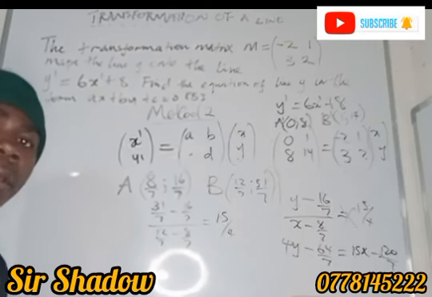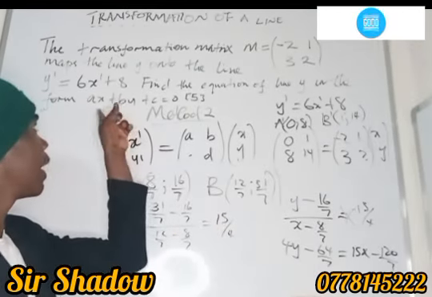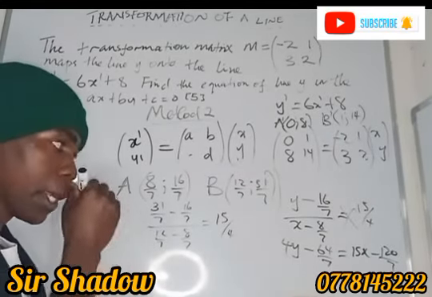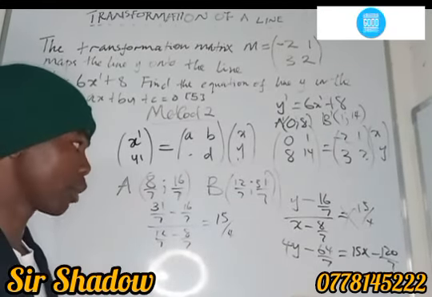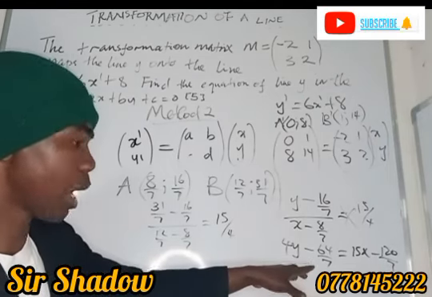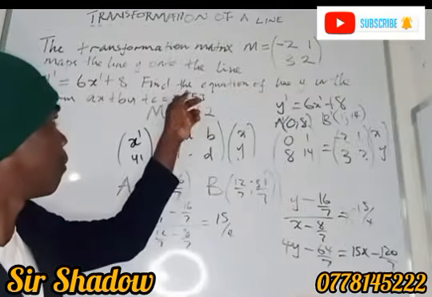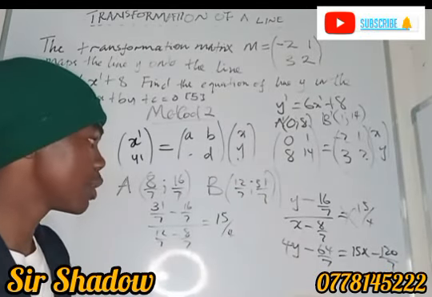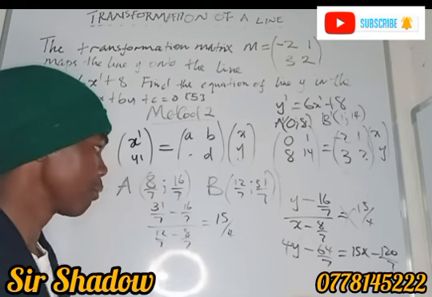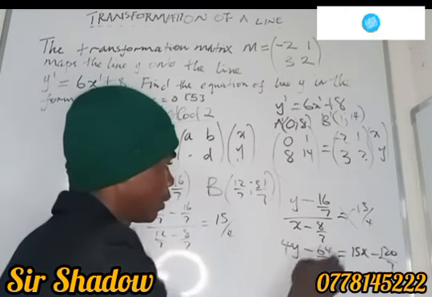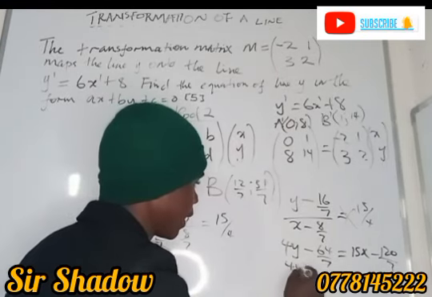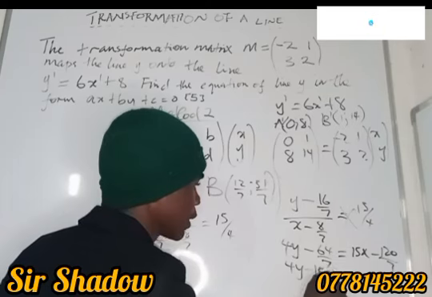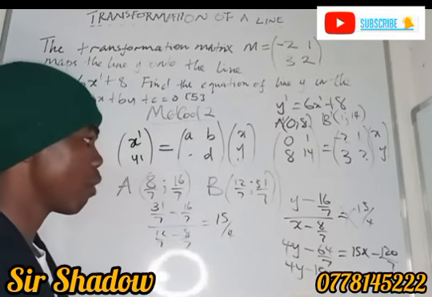Let's now group everything in the form ax plus by plus c is equal to 0, so that we won't make silly mistakes. I hope you do not forget our solution we obtained from method number 1. So we have 4y here, then this one to this side to give 15x, then minus 64 plus 120.